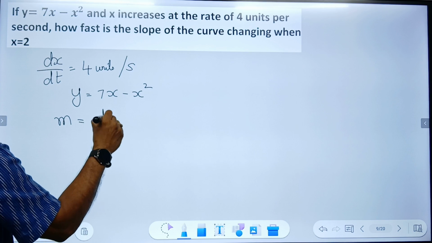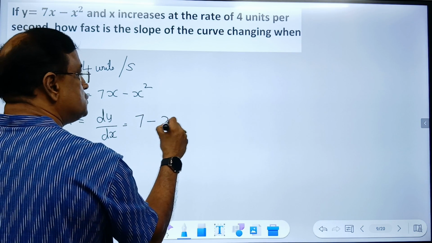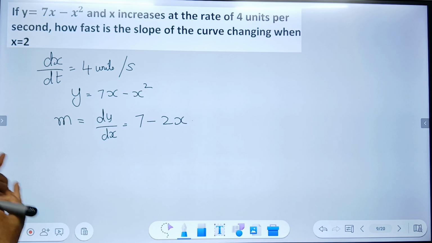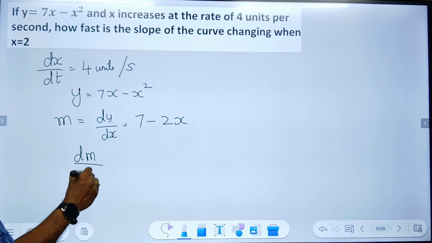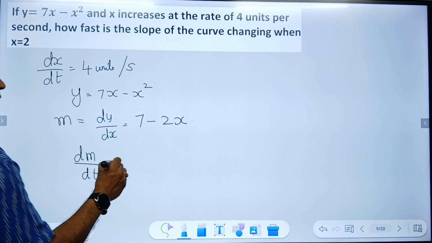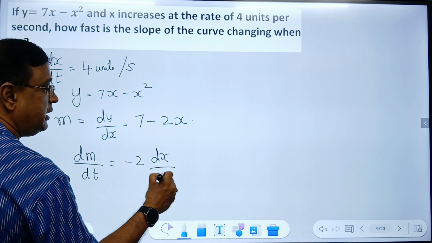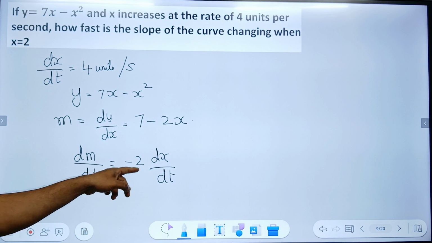It is nothing but dy by dx. So what is dy by dx? 7 minus 2x. Correct? This is my slope. Now I want to find dm by dt. Dm by dt is nothing but minus 2 into dx by dt.